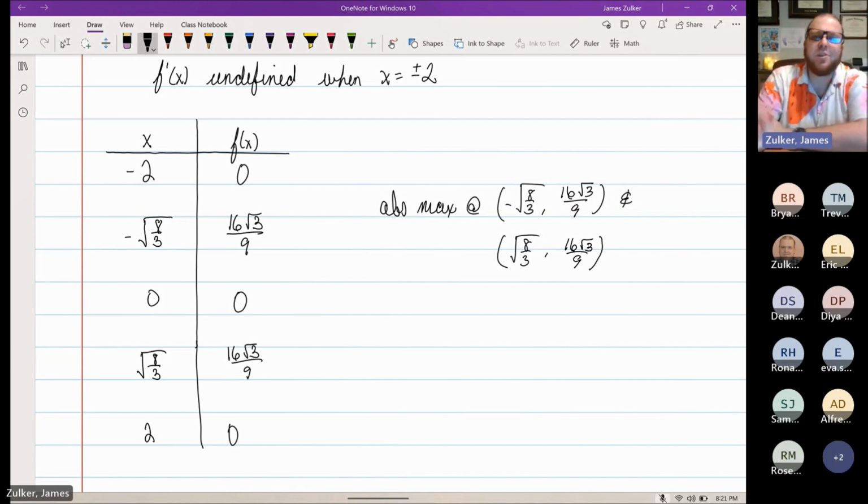So the absolute max occurs at 2 points. Notice that I'm not saying that this function has 2 absolute maxes, because that's impossible. This function has a single absolute maximum. That value is 16 root 3/9. It just happens to occur at 2 different points.